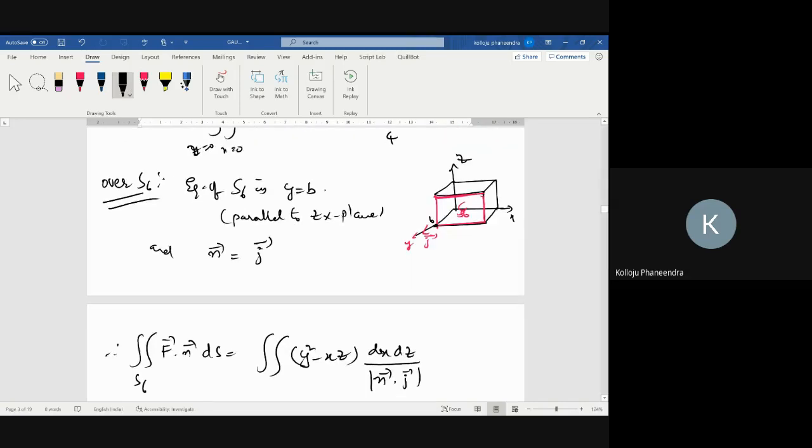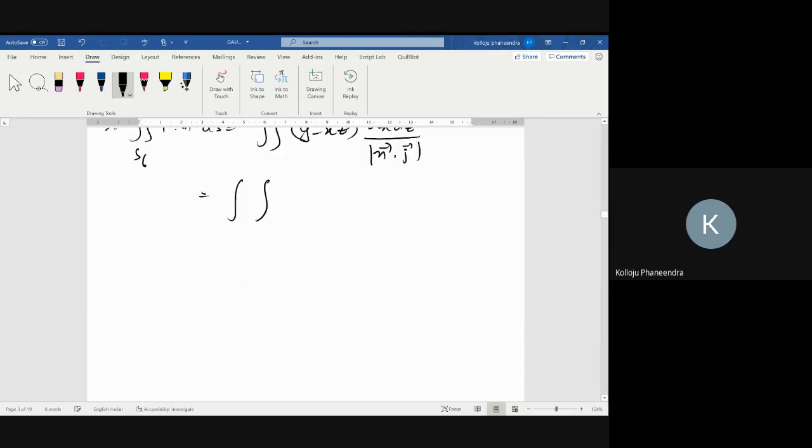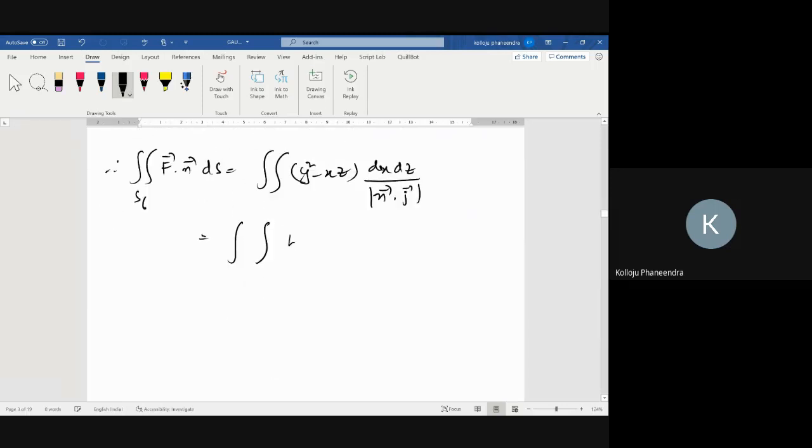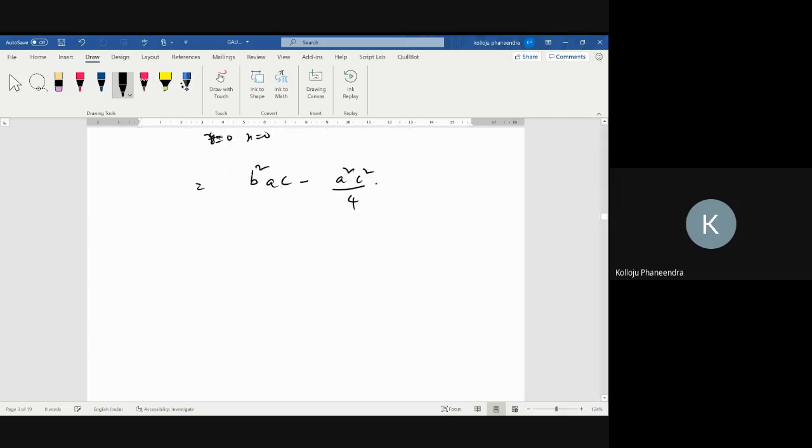The y value is b, so we will get b square minus zx, dx dz, x is 0 to a, z is 0 to c. So after evaluation, what you will get? b square ac minus a square c square by 4. Now all the 6 subsurfaces are over.